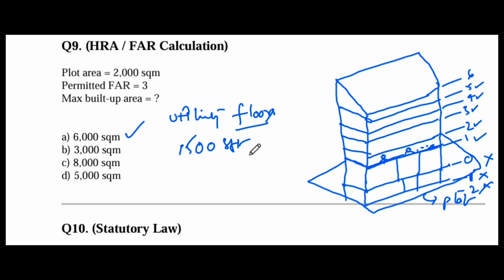The total build-up area will be 1500 into how many slabs? 1, 2, 3, 4, 5, right? 5 slabs. This is not with respect to the question, just for example. This is 7500.